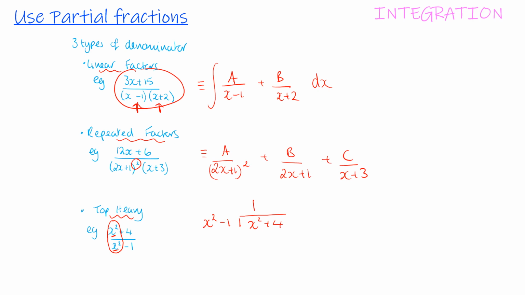If we had, for instance, an x cubed minus 4 divided by x squared minus 1, if we set that one up, x squared minus 1 into x cubed minus 4, well, x squared into x cubed would get x. So you're going to have some algebra on the top. So you're going to have more rows of your algebraic division.